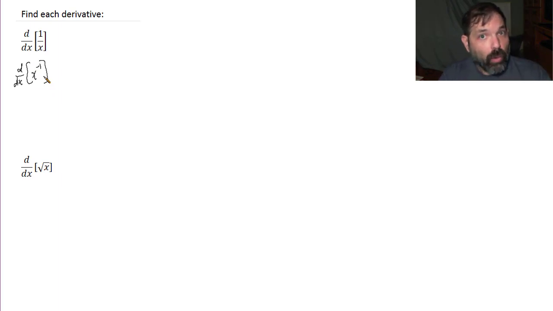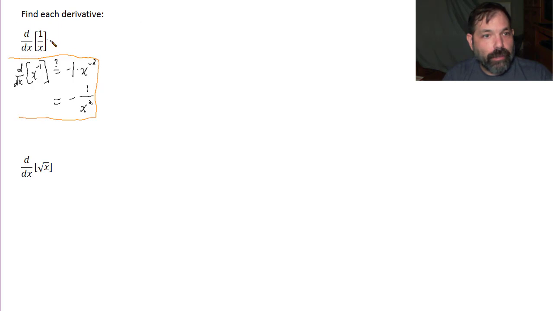So if this idea we've seen so far is true, then we should be able to get that this is equal to, I'm going to put a question mark here, negative 1 times x to the negative second? That's our question. And then remember that using algebra, I could write this instead as negative 1 over x squared. So let's keep this in mind, and let's see if it's valid.